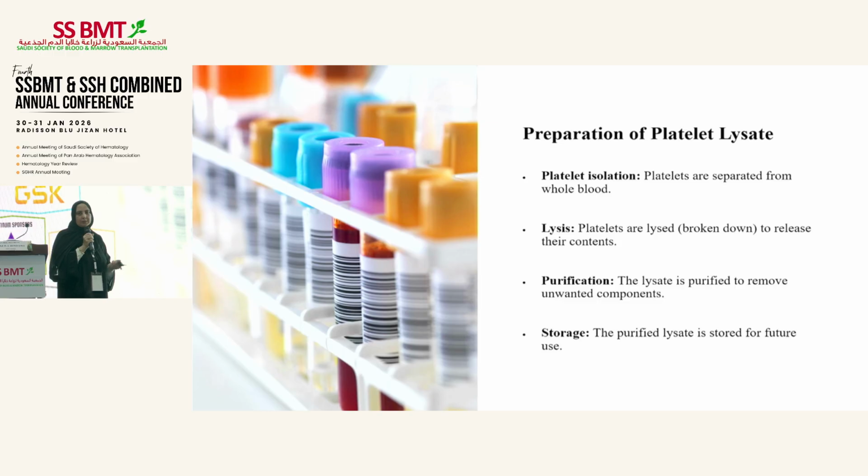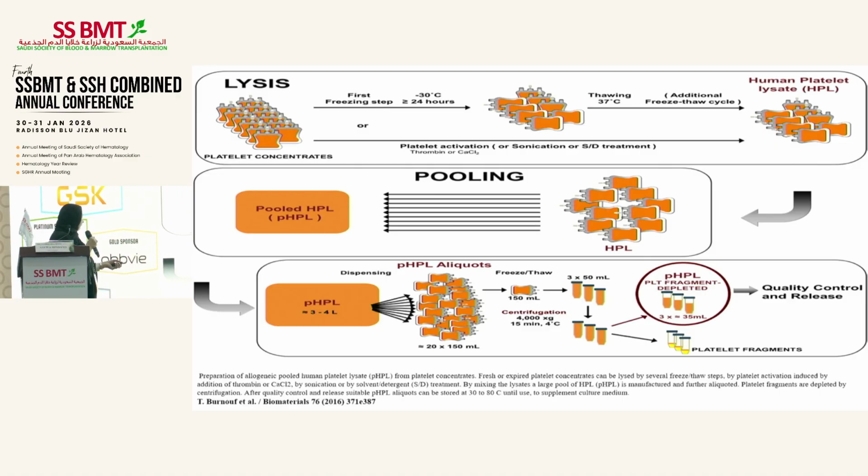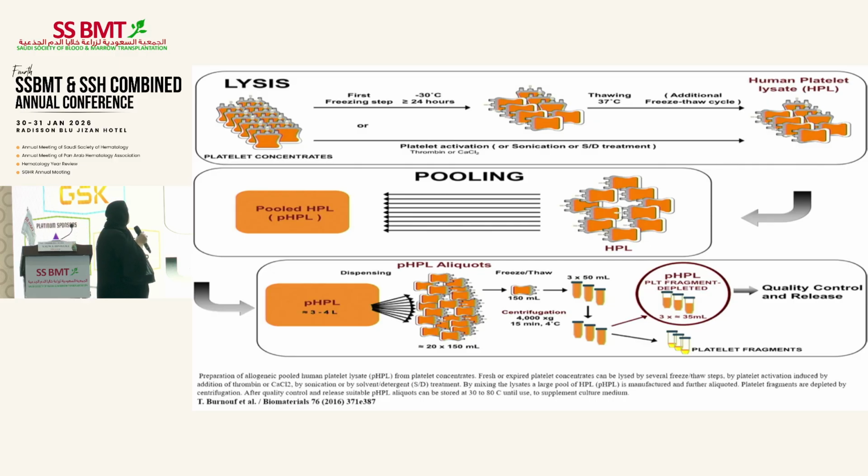Then we can store it at -30 to -80 until we want to use it. We can see here a method by Bernoff in 2016. He shows how to prepare platelet lysate.